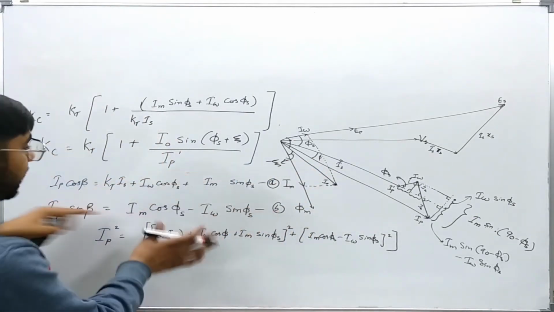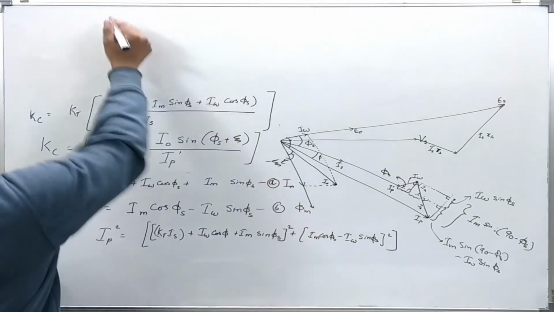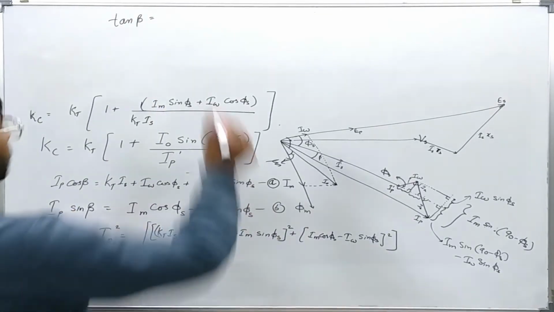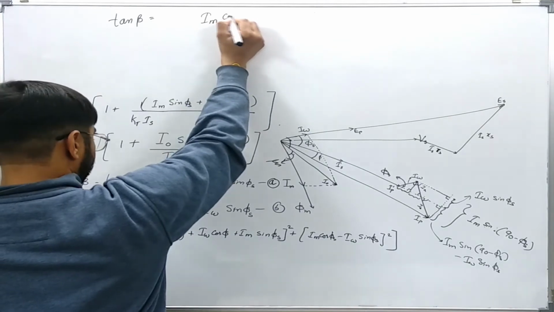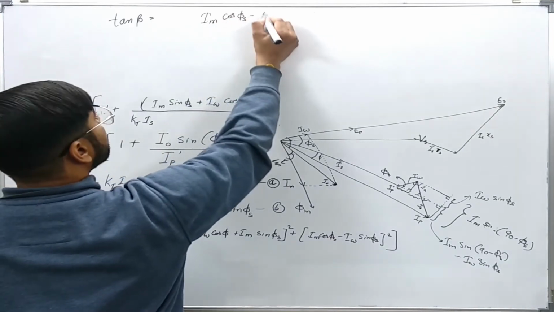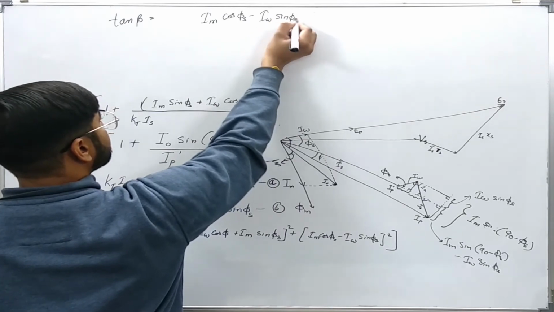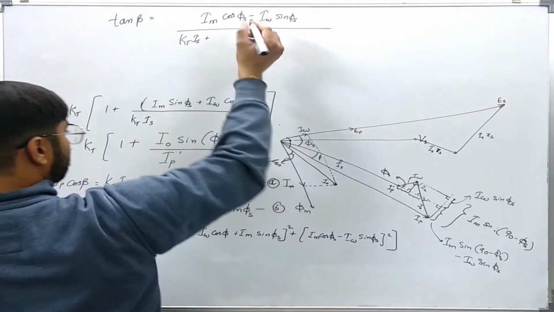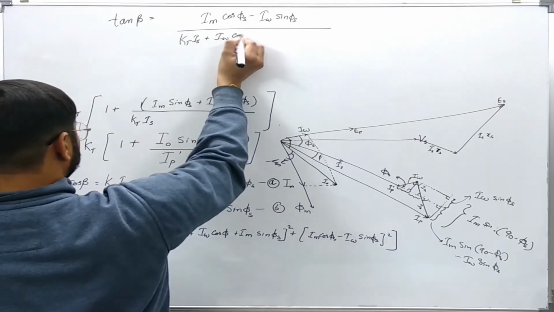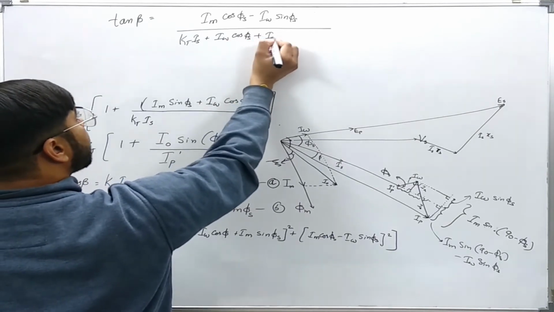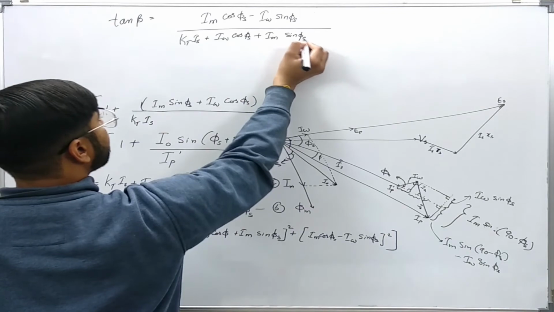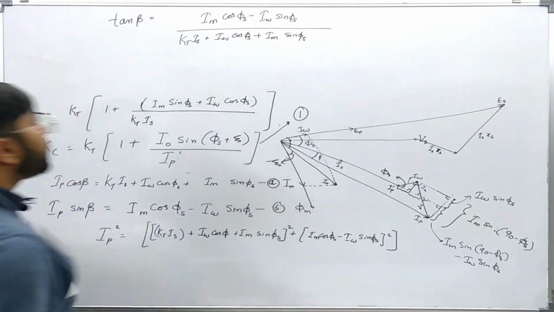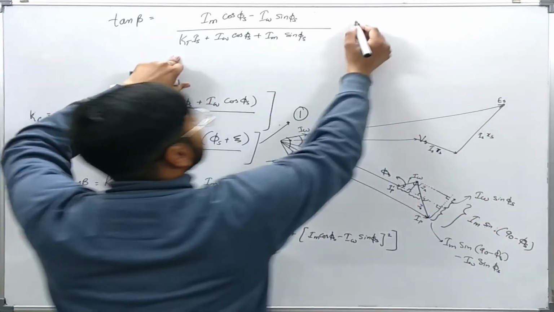So to find tangent beta, I will divide B by A. So tangent beta will be, from here, (I_m cos phi_s minus I_w sin phi_s) divided by (K_t I_s plus I_w cos phi_s plus I_m sin phi_s). So first let us say this is equation number 1. Now let us say this is equation number 2.